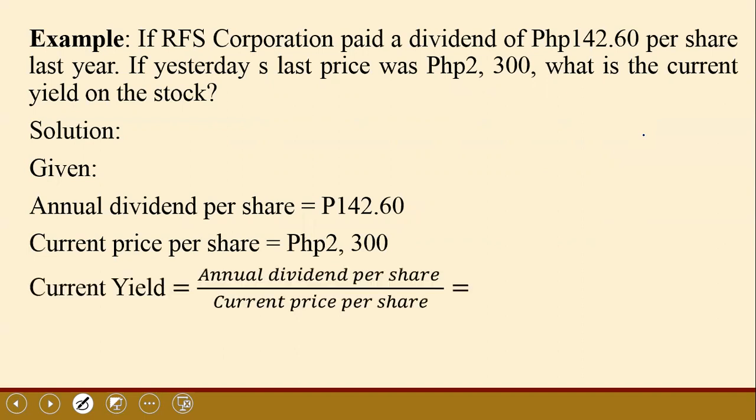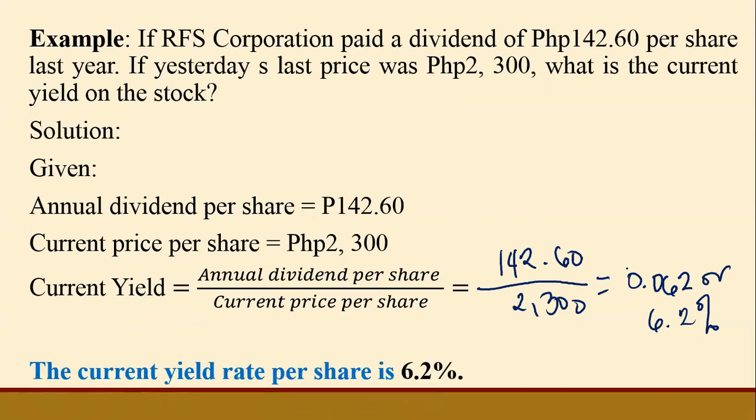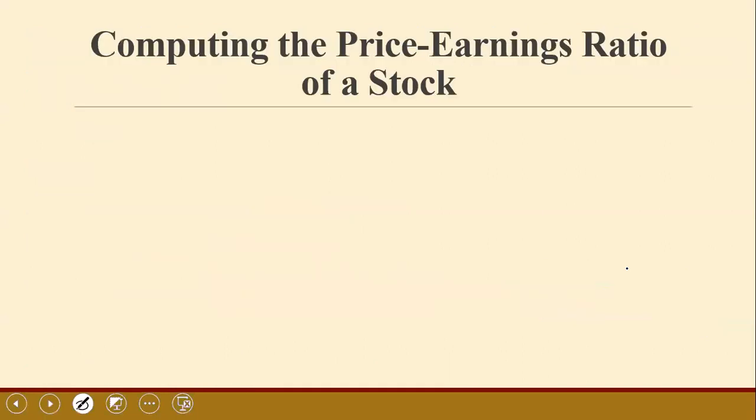In computing for the current yield, we are going to use this formula. Just substitute the given information. This is 142.60 over 2,300. So this is equal to 0.062 or 6.2%. Okay, so that is the current yield rate per share, 6.2%.